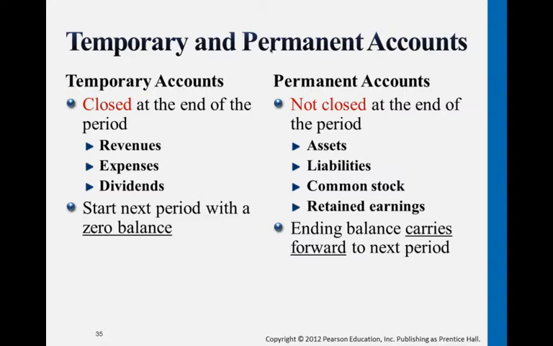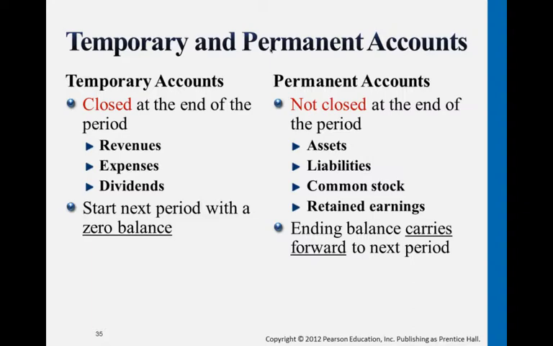All the permanent accounts means that you never close them out. They're always there, but the balances change as transactions occur. And we never zero them out to any other accounts. Permanent account balance carries forward to the following period.